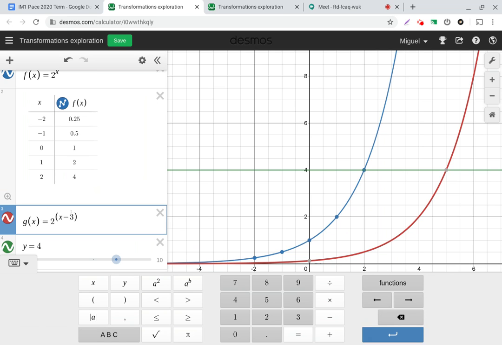Or if you want to know it really fast, when it's in the parentheses, it's backwards. Does that make sense? When it's outside of the parentheses, not backwards. The +4, what did it do? Moved it up. So this one has a combination. It moved it to the right 3 and then moved it up 4.